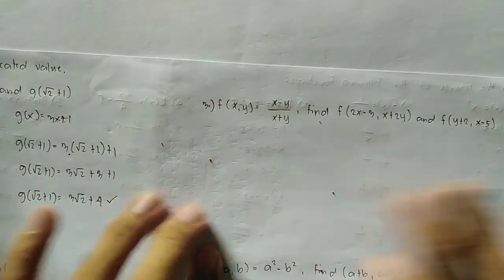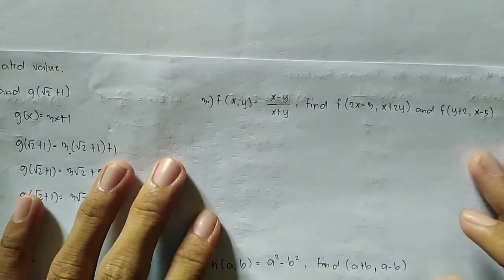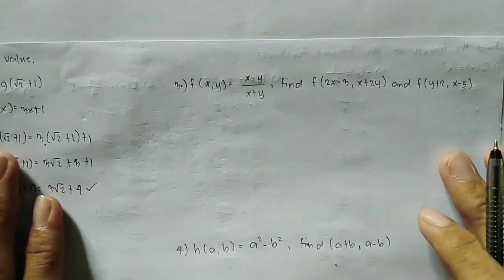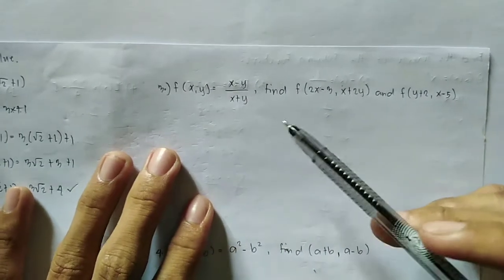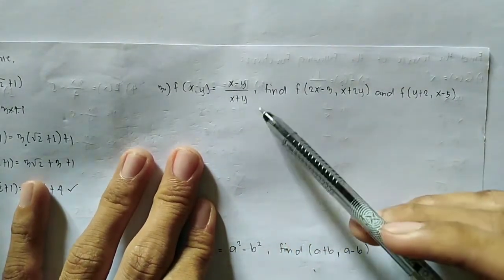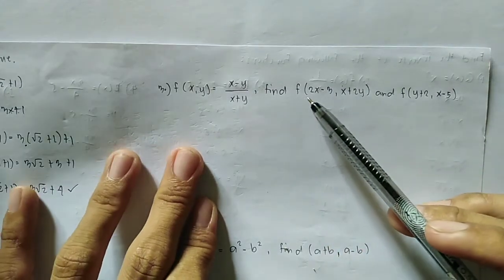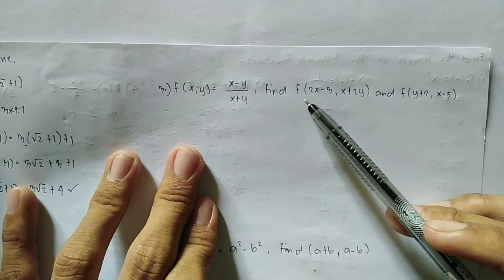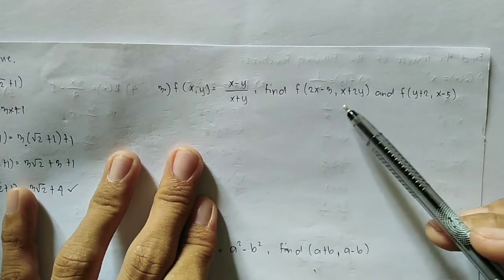This is quite a complicated example compared to our previous examples in our previous video. We are going to use two variables in one function. So we have the function f of x, y is equal to x minus y over x plus y. We have to find the value of the original function by evaluating using 2x minus 3, x plus 2y.